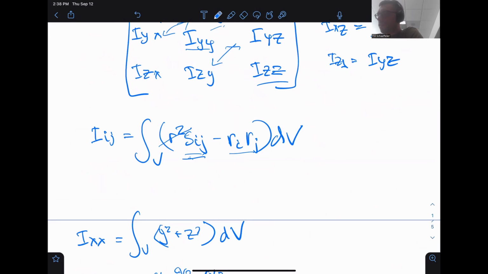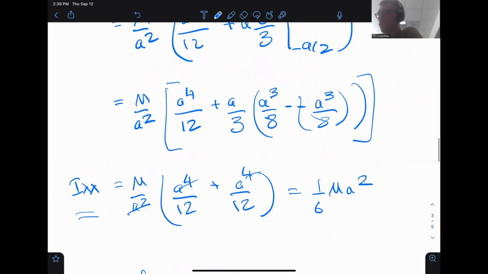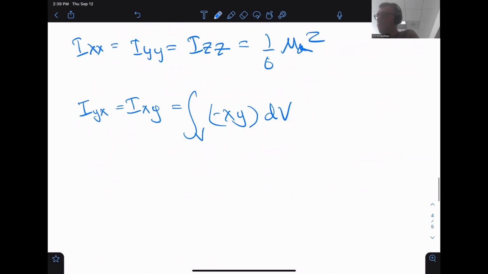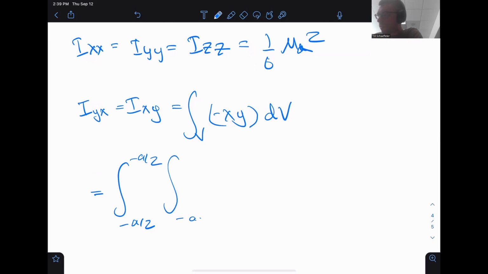So we just have negative xy to integrate over the entire volume, which is equal to a negative sign out front.